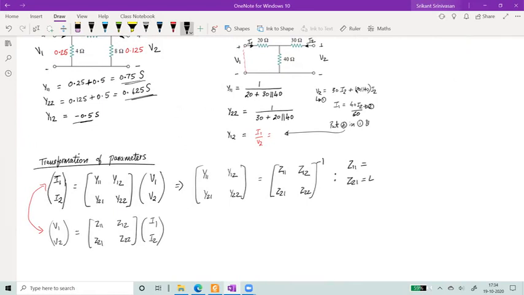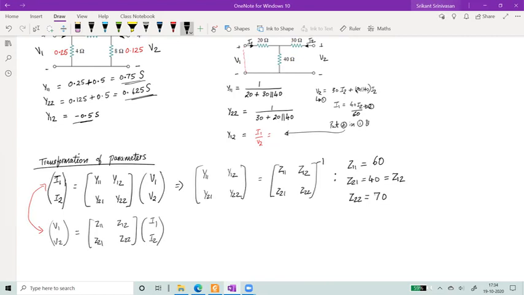Z21 is 40, that's Z12, and Z22 is 30 plus 40 is 70, and Z12 is 60. Z11 is 60. So I've already got the values of Z by just very quick manual inspection.